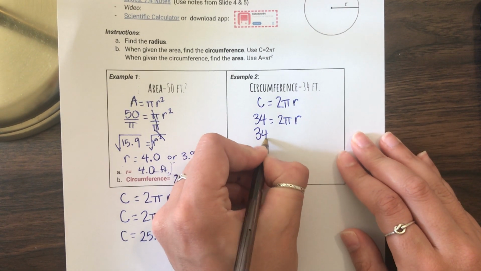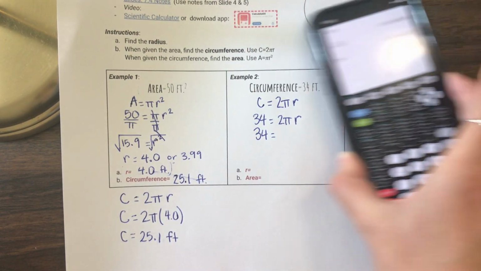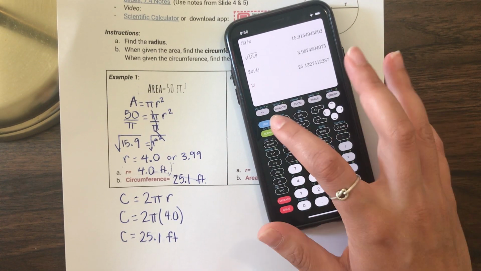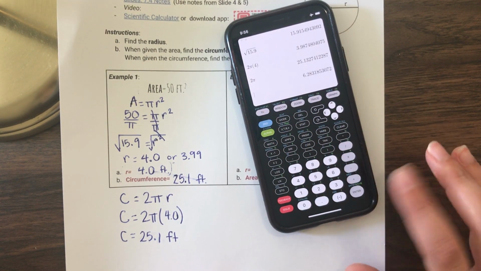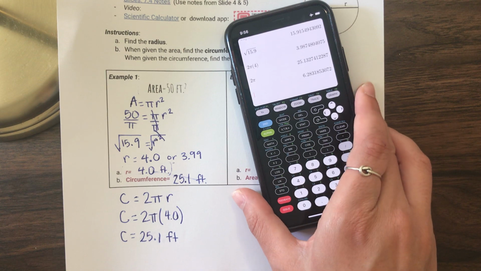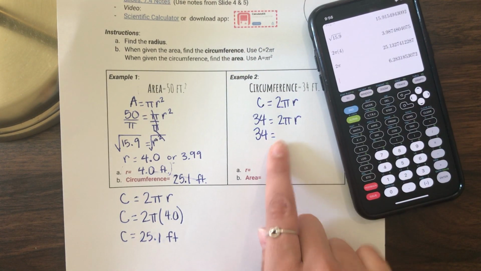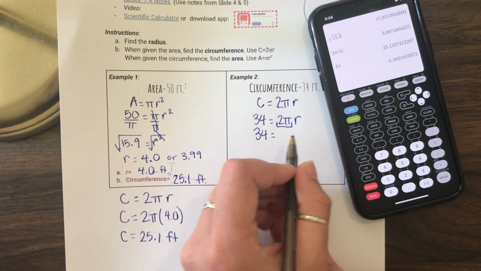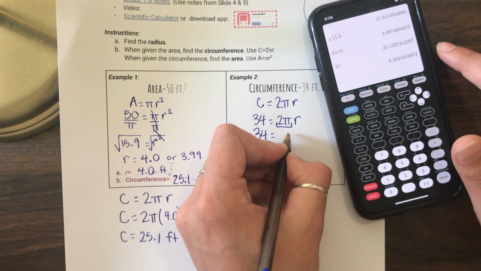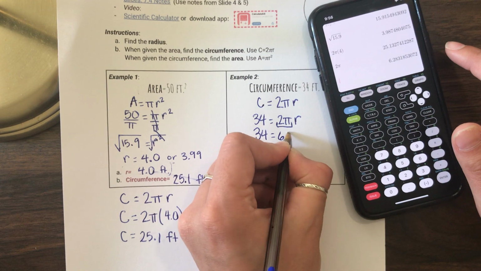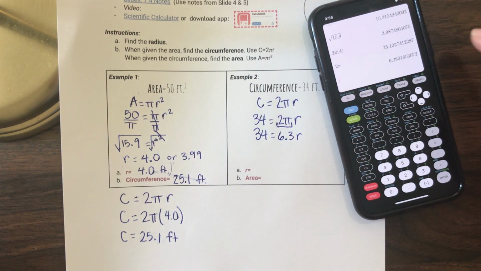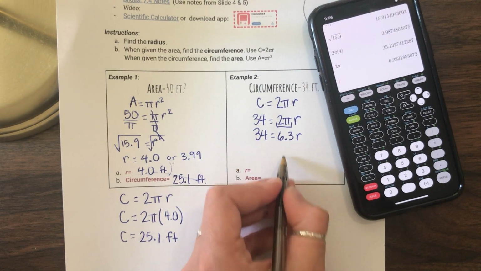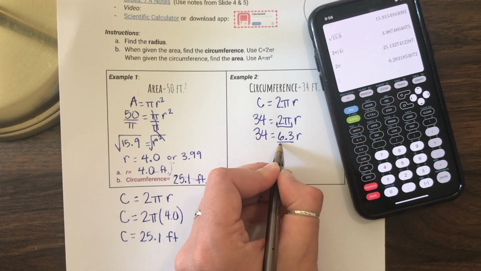So 34 equals 2 times pi, which is 6.3. So instead of writing 2 pi, this is calculator work right here, 2 pi actually is the number 6.3. So it's 6.3r. What I'm going to do now is divide both sides by 6.3.